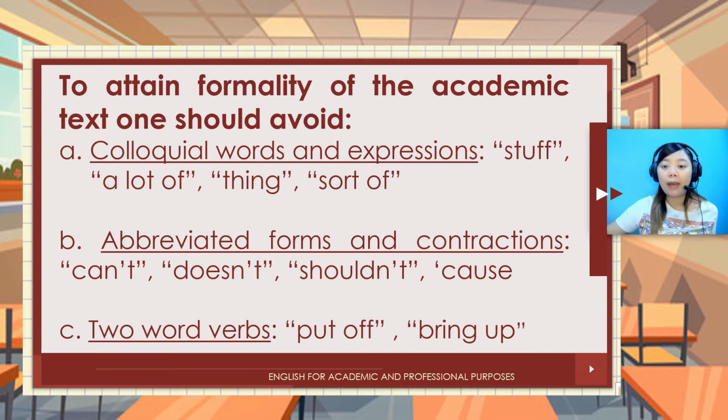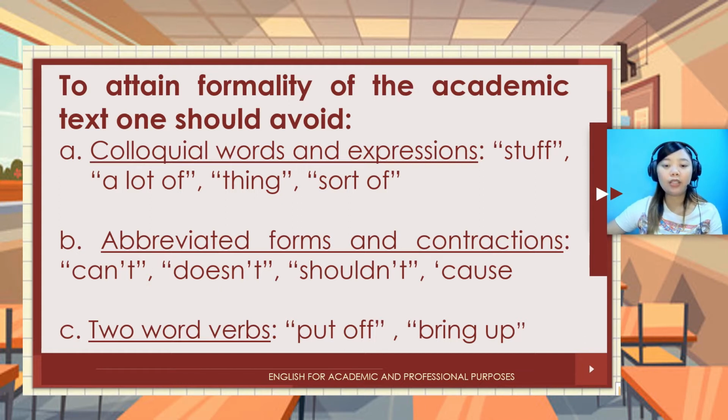To attain formality of the academic text, one should avoid the following. The first one is the use of colloquial words and expressions like stuff, a lot of, thing, sort of, gonna, or wanna. Such colloquial words are used in essays but are not used in academic texts.